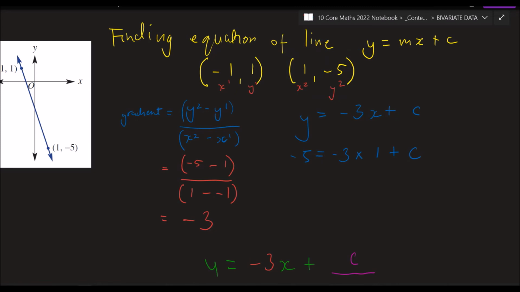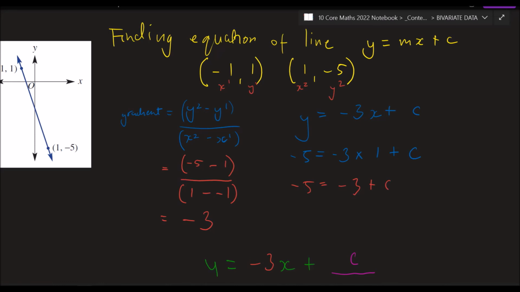Here we need to figure out what c is. So -5 equals, what's -3 times 1? -3 plus c. And as Jonathan showed us before, we're trying to isolate c. So what am I going to move?